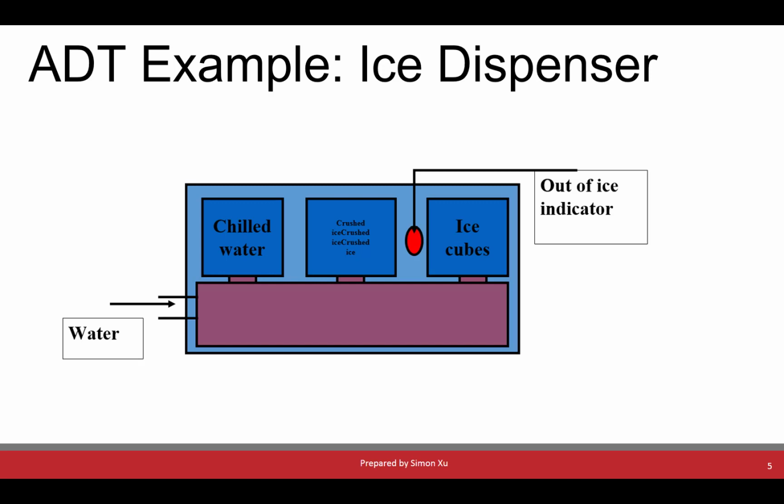During the implementation phase, we need to decide the internal structure. We should use a manual approach or mechanical approach or electronic, and then we need to implement those operations: is empty, make water chilly, and so on. People who use the ice dispenser don't know if the internal structure is a manual, mechanical, or electronic approach.